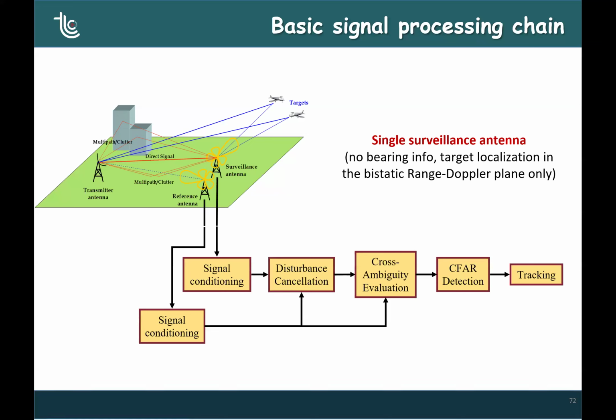We know that the monostatic ambiguity function depends only on the waveform that is transmitted by the radar. In the bistatic case, the ambiguity function depends not only on the waveform but also on the geometry. So the geometry in the bistatic system is quite important.